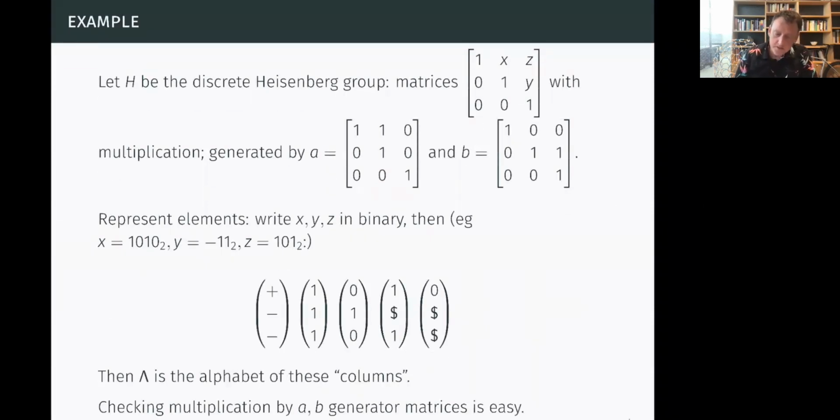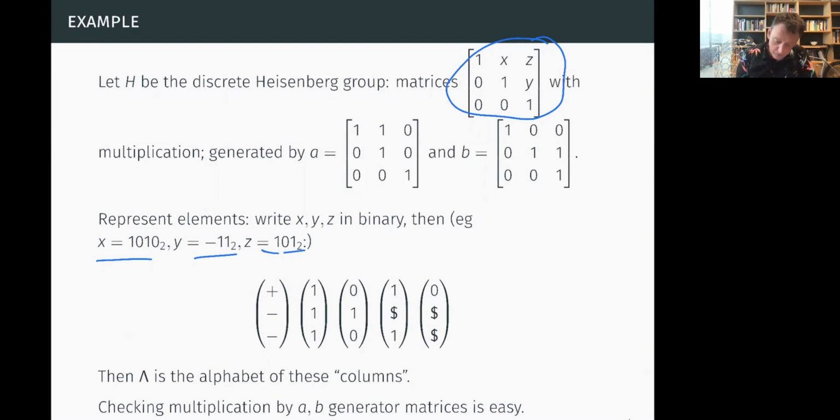There's a funny way to represent this as an automatic structure. You can write a matrix just by telling me what the numbers are. So maybe X is that, Y is that, Z is that. And then you can just write these three numbers in binary on top of each other. There's nothing to do with generators here. We're just representing group elements in our favorite way.